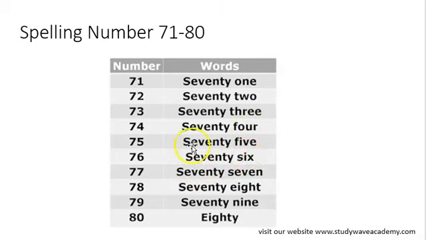SEVENTYSIX. We have 76. 76 is spelled 70 and 6 together. Did we get that? And we spelled SEVENTYSIX. 76.